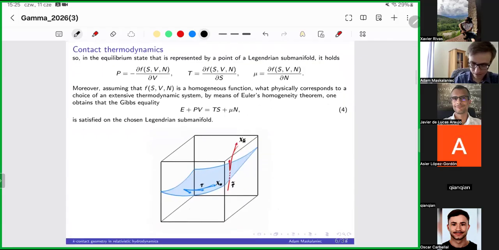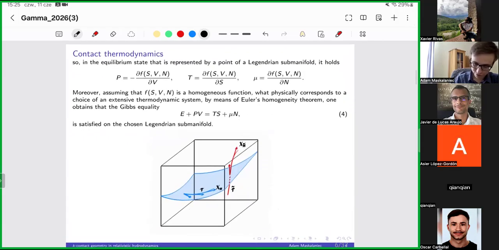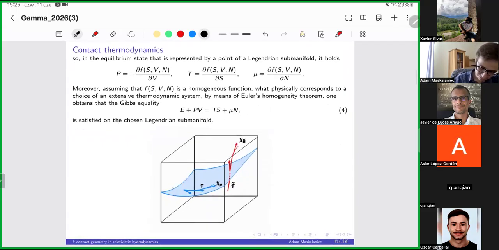Okay, so the picture is the following. We have a set of equilibrium states in our thermodynamic space. This thermodynamic space is a contact manifold, and this set of equilibrium states is just a Legendrian submanifold of this contact manifold.